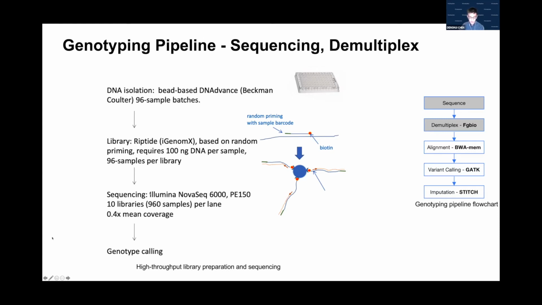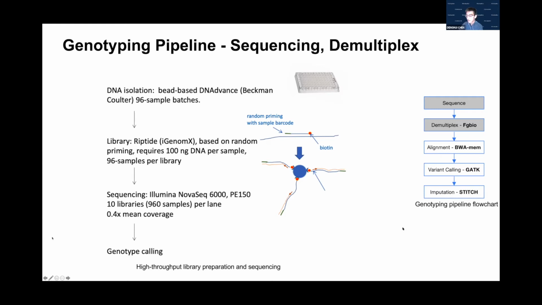We do 10 libraries per lane, so per lane we do 960 animals. It's really high throughput, and we get a 0.4 mean coverage for the WGS. The software that we use for demultiplexing is called F3 Bio, which was specifically developed by the company developing the Riptide library preparation.